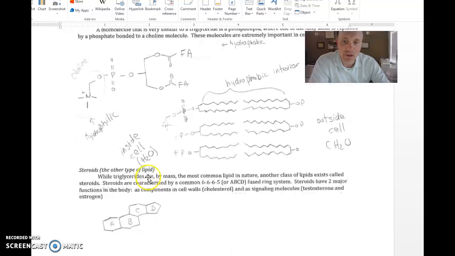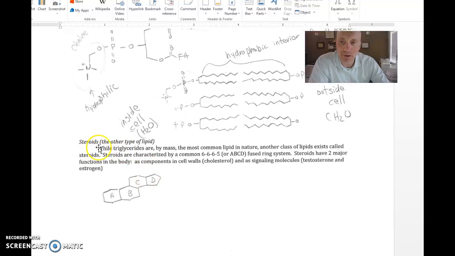All right, so the last type of lipid, which is almost its own separate class, is steroids. One thing about steroids is that they all have the same general ring structure.